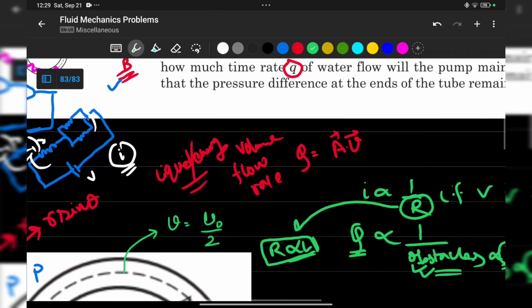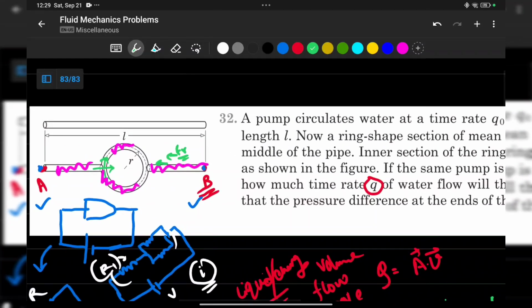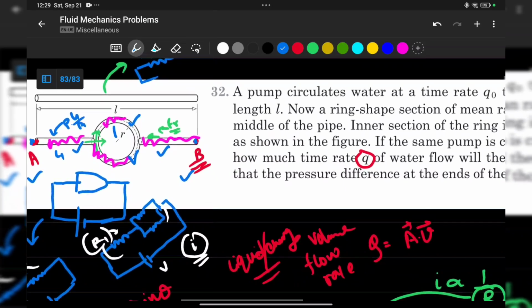So think of this as a resistance with value rho into L by A, and this as a resistance of the same material, of course, rho into this length, suppose L1 by A. These two resistances are in parallel, and this whole thing is in series with this and this. Just imagine it like this and you will solve the problem.